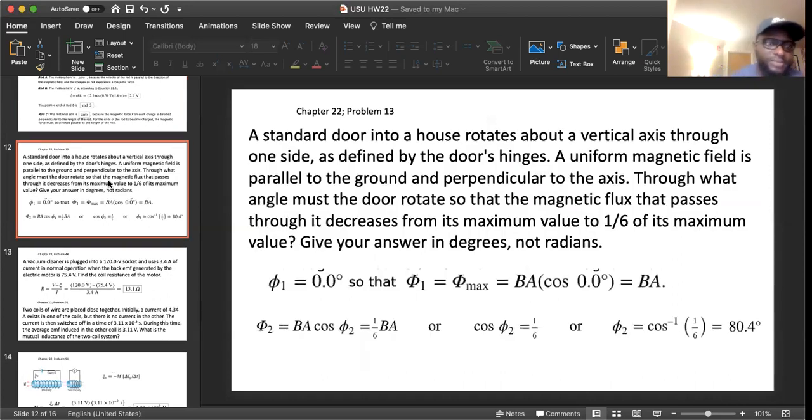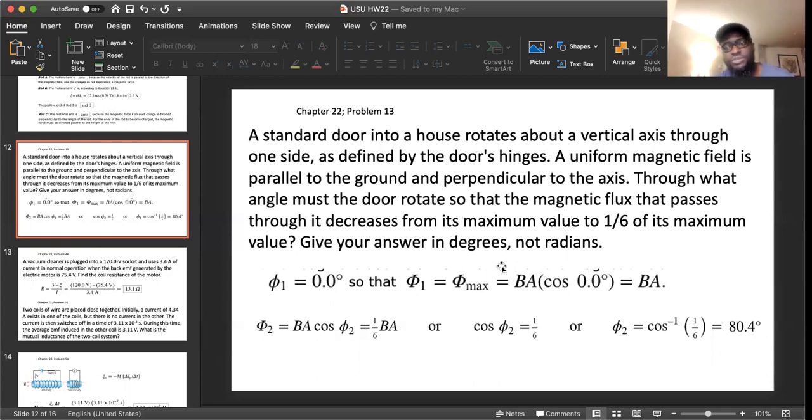So now let's see chapter 22, problem 13. In this case, we are given an initial angle, and that initial angle at 0 is our phi max. So it's going to be the maximum magnetic flux, which is BA cosine 0, which is just BA.